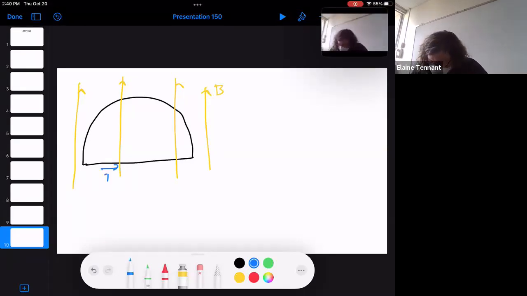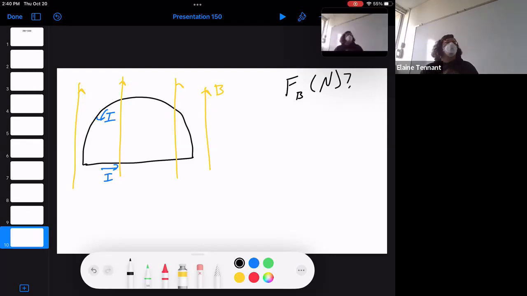So I have current, and I would like to find the magnetic force on this whole loop of wire. So far, so good?